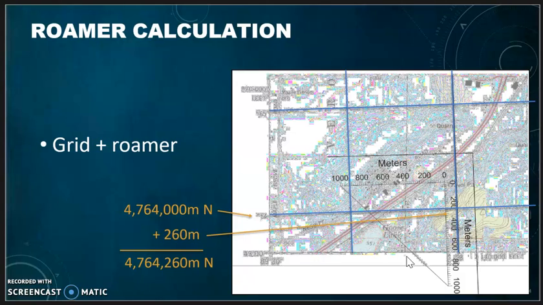Okay, so because this is set up in meters, we are going to look at our grid lines and our tick marks. This tick mark here says 4,764,000 meters north, and then from our grid line here, using our roamer, we can count that this is about 260 meters away from that grid line.